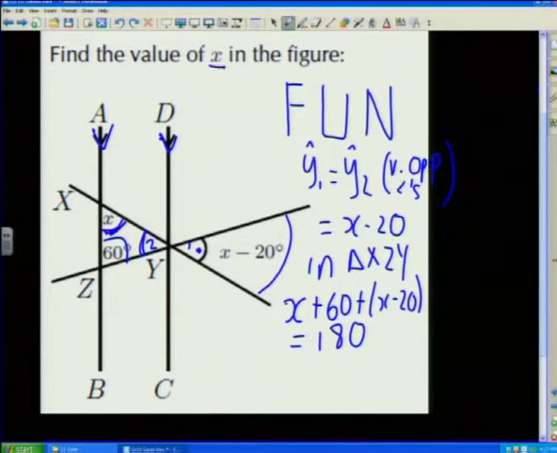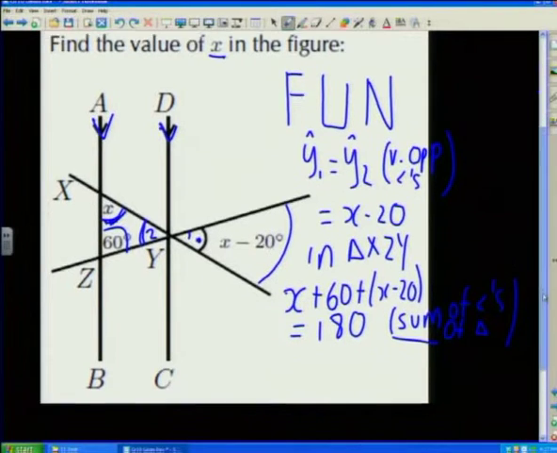And why is that? Because that's the sum of angles of a triangle. So that would be your reason: sum of angles of triangle. So x plus 60 plus x minus 20 is equal to 180.